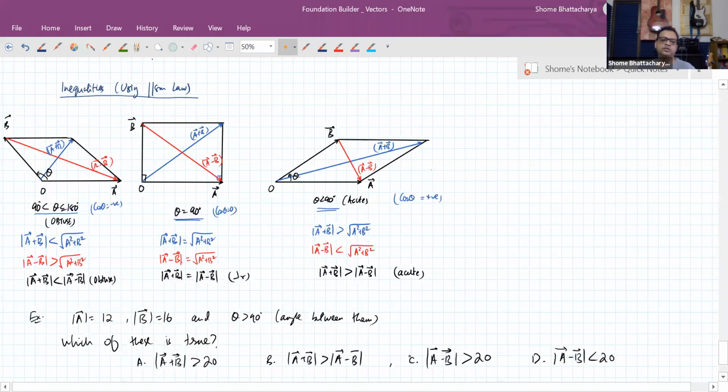Okay, so one of these four options is correct. Just select and tell me which one is correct. This is a multiple choice question with one option correct. So just write down this theorem first and then analyze this question and tell me which one is correct.